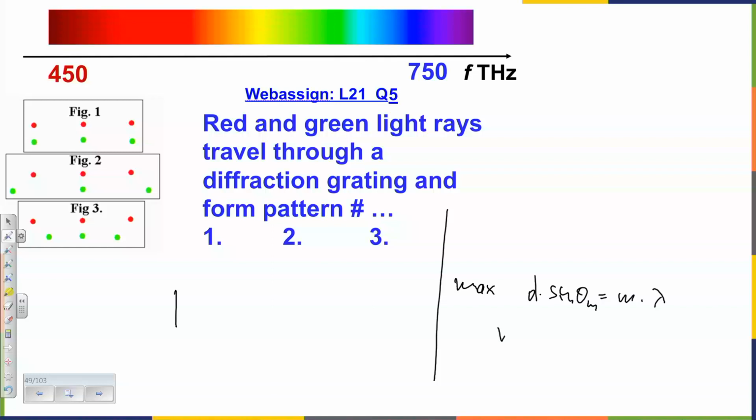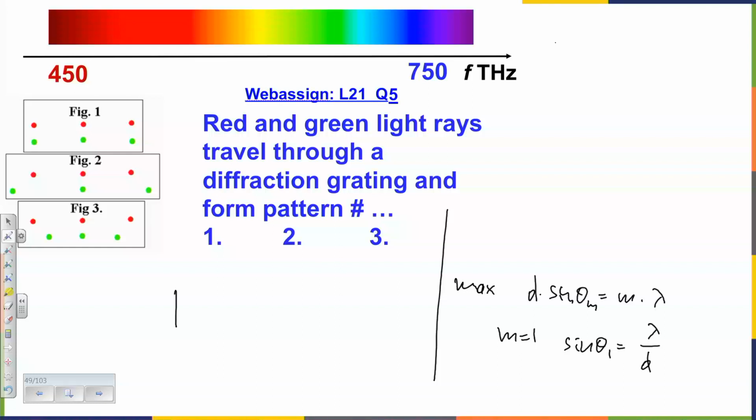We can just pick m equals 1. So sine of theta equals wavelength over diffraction grating spacing. When wavelength increases, that should increase the angle. The red. And one more thing, of course, it is a wave.